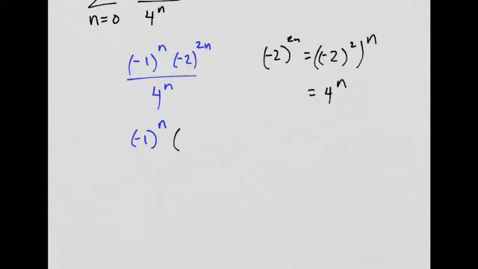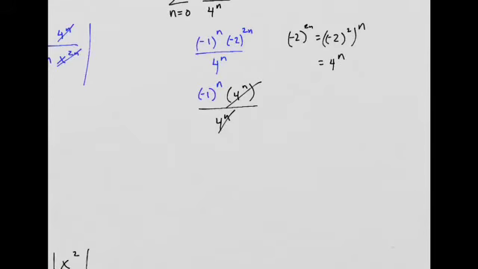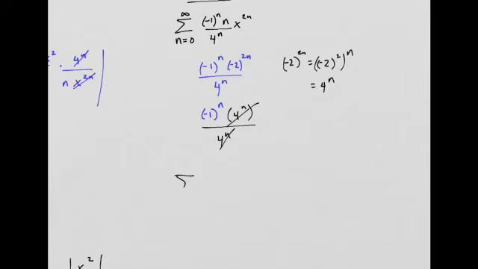So this actually changes to 4 to the n divided by 4 to the n. Look at that. So then I have the series n equals 0 to infinity of just -1 to the n.